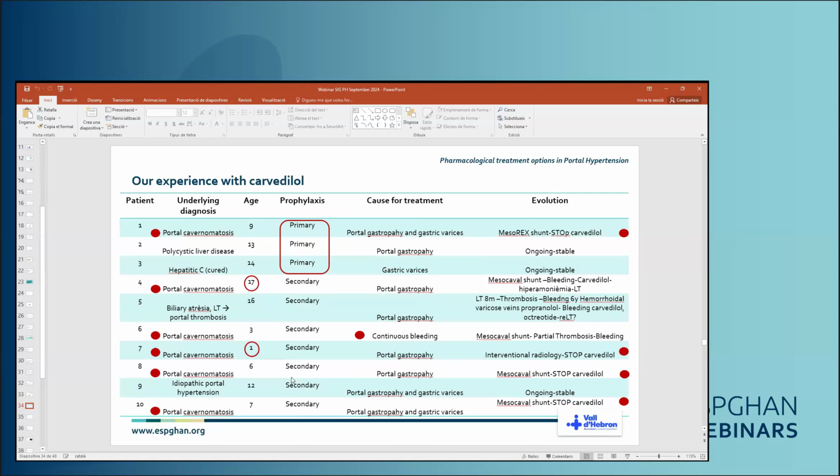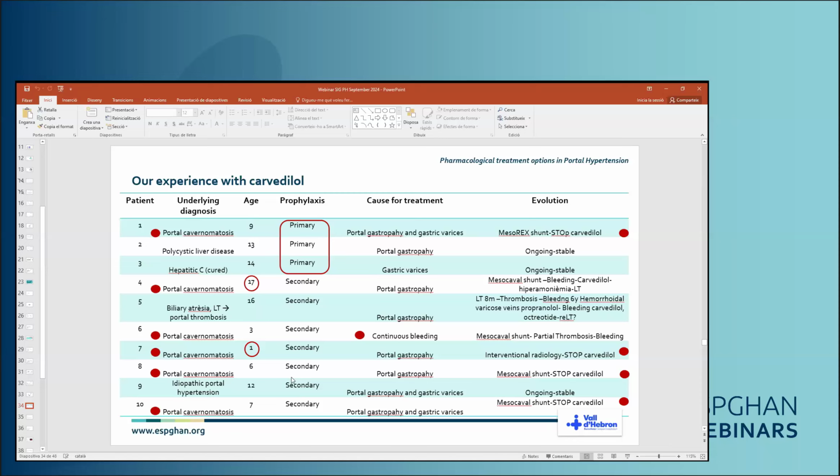Right now, these are the patients that we've had on carvedilol in the past 10 years. We've had these 10 patients, more than half of them, 6 of them, because of portal hypertension. You can see there's a difference in ages. Sorry that the slides don't work because it's everything in one slide.